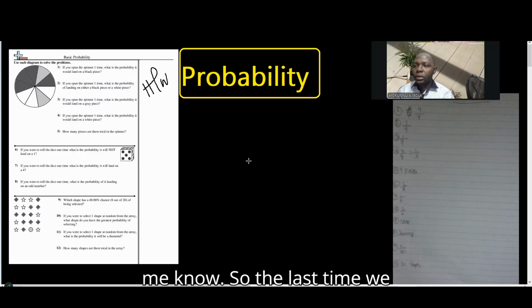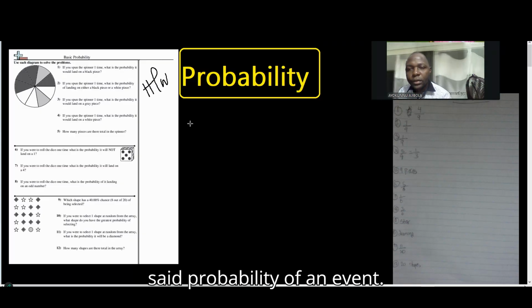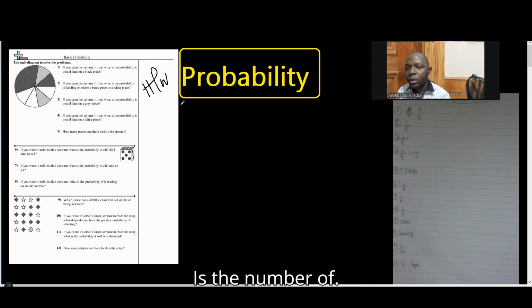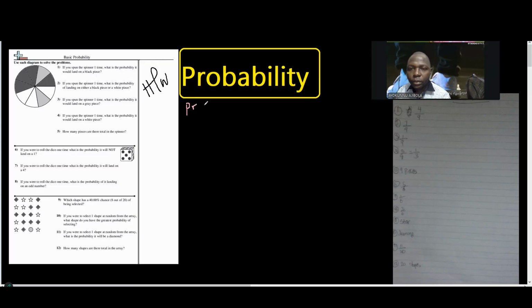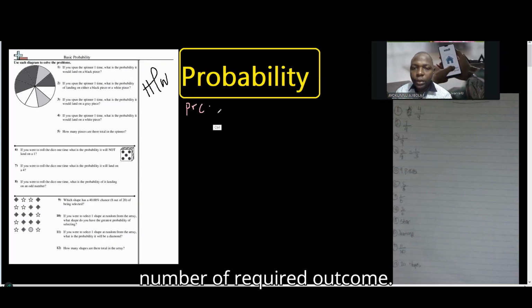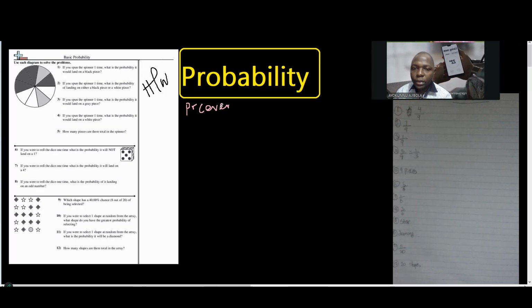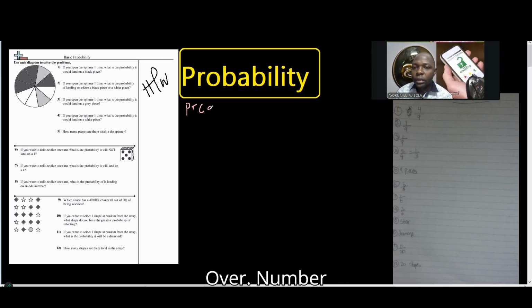So the last time we said the probability of an event is the number of required outcomes over the number of possible outcomes.